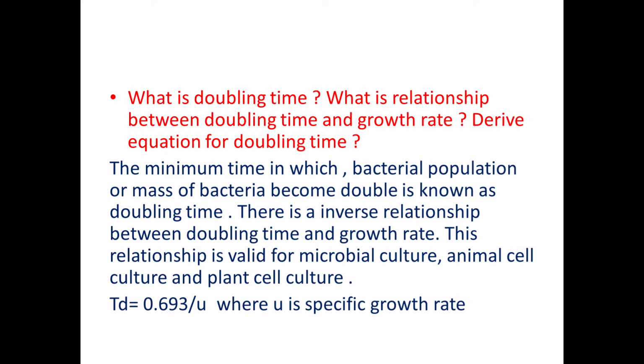So try to know the equation: TD, the doubling time, equals 0.693 divided by mu, where mu is the specific growth rate. You try to know the symbol of mu. So there is an inverse relationship between doubling time and specific growth rate. You can differentiate the microbial culture and try to derive the equation. Many times this type of question has been asked in your CBSE exams.